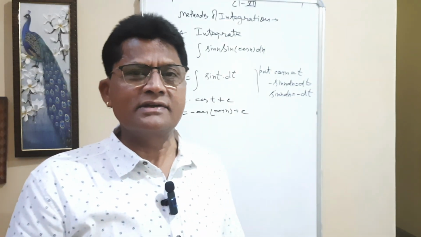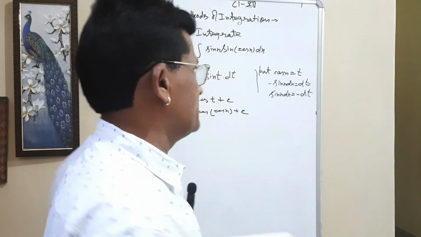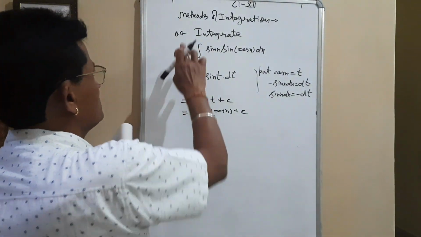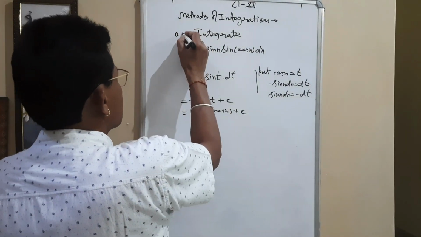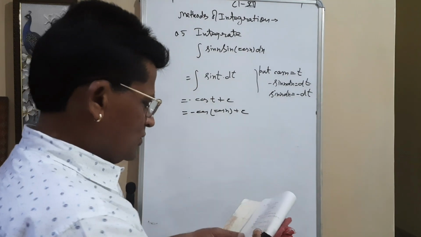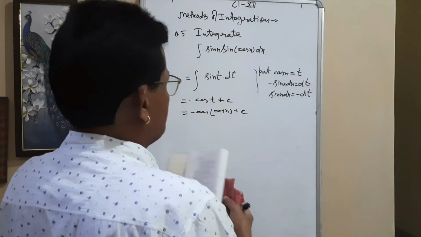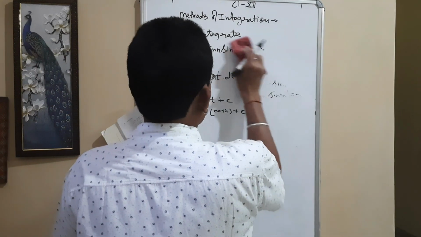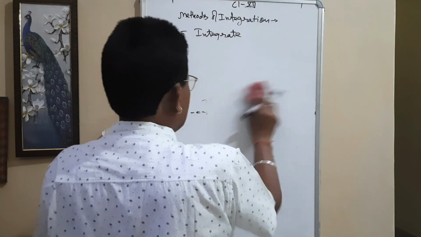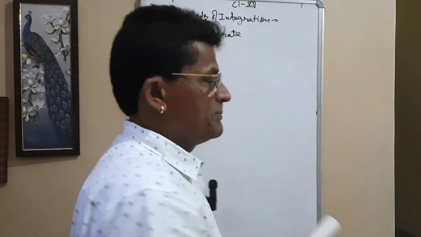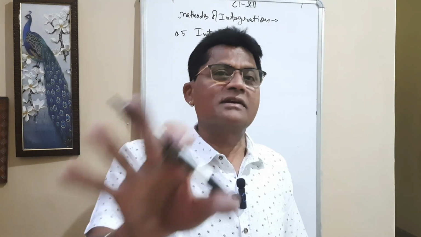Very simple integration. That is why you must keep it in mind. Okay? Let me take one more question, question number 5. Simply, I will tell you the solution of each and every kind of question. My dear student, in question number 5, you must concentrate a little. Because repeatedly I am telling you, all the properties related with each and every chapter in class 11 are important, which you are using in class 12.